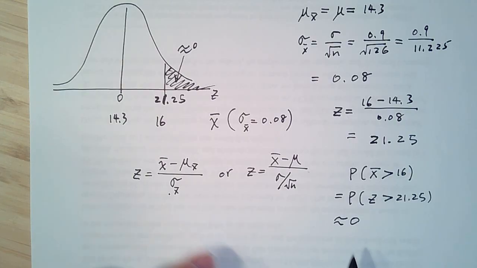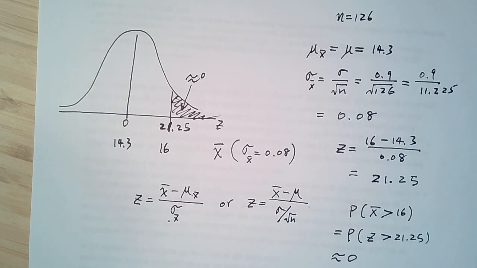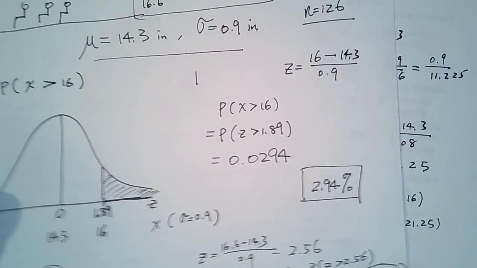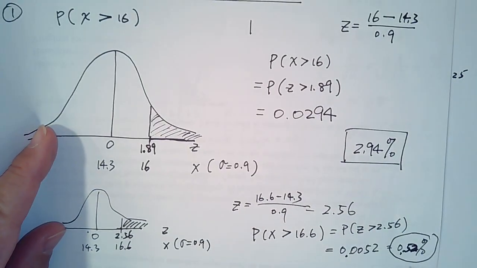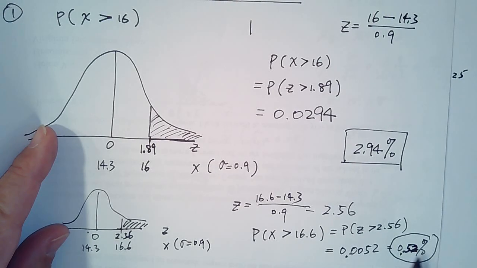Of course there's almost no chance that the average of them is greater, but when you get the complaint, you get the complaint. Even like we just did earlier, when the seat width is 16.6, there's only 0.52% of the adult males who are going to complain.